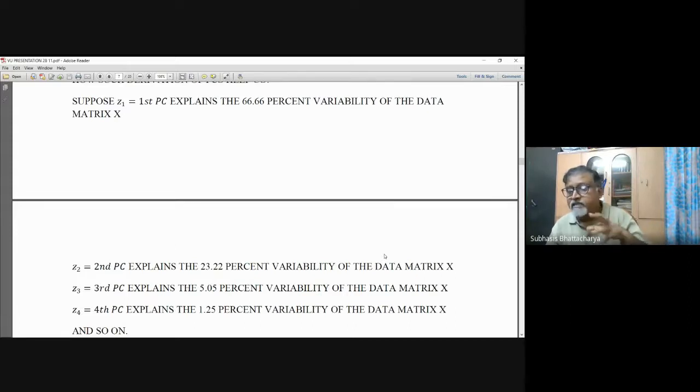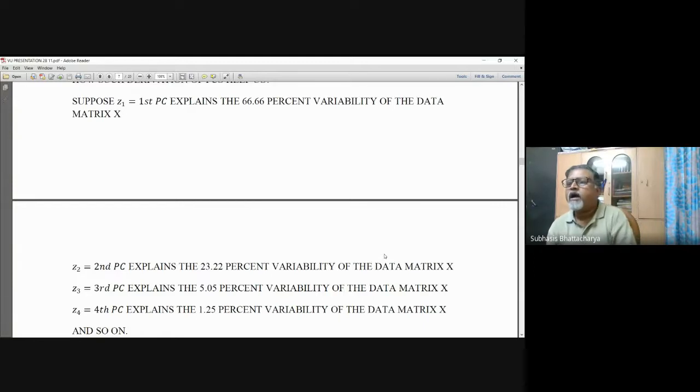So from this varying variability, you can identify which principal components you have to choose for further discussion or your multiple regression. In this example, we found that except Z1, Z2, Z3, all other principal components explain very insignificant variability over the data matrix.